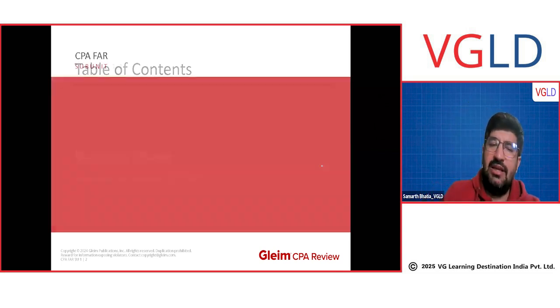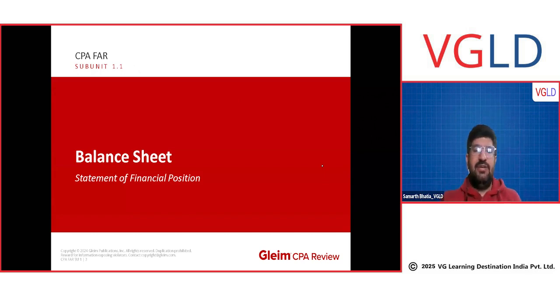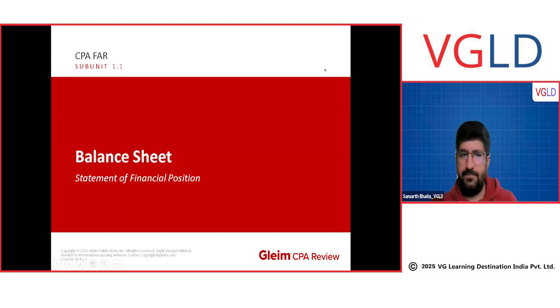So what is a balance sheet and why does the company need to prepare the balance sheet? Anyone? What content do we have in the balance sheet? Cash position, current assets, fixed assets. Okay.